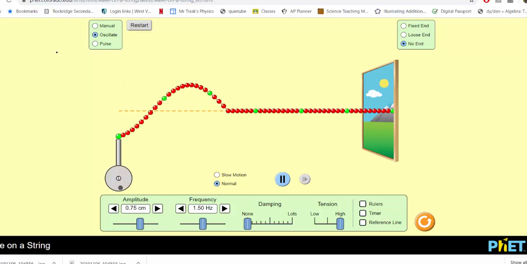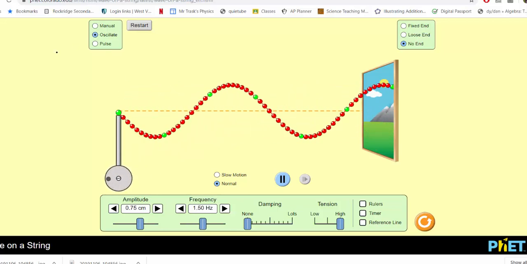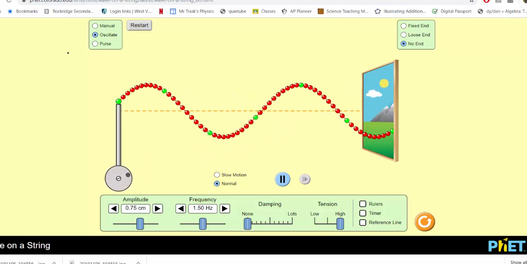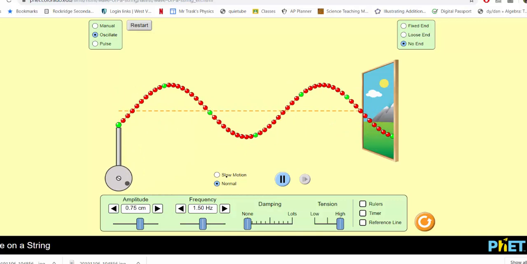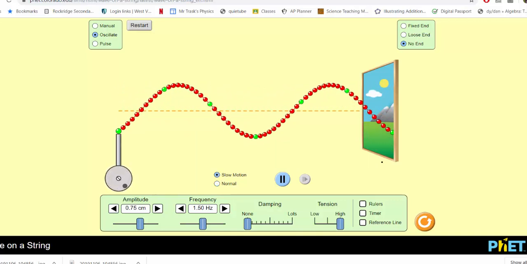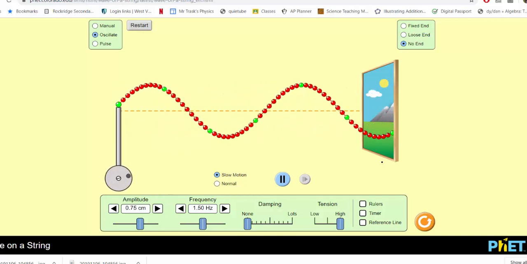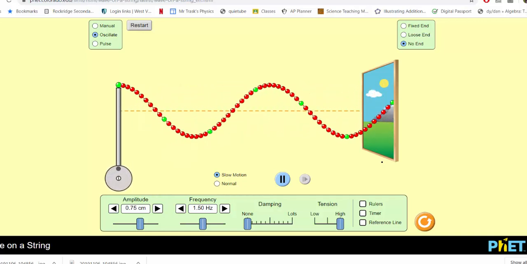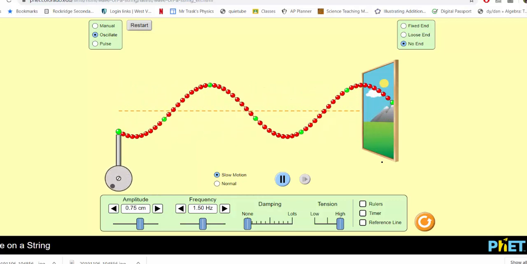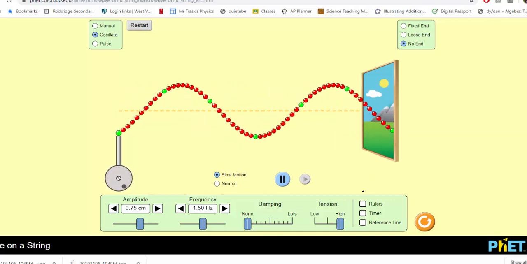If I continuously move the string back and forth, then I might get an oscillation, which is a regular repeating back and forth motion. I'm just going to hit slow motion here to see things move more slowly. You might recognize that this is in fact a transverse wave. You can see the individual particles are moving back and forth, whereas the wave itself is propagating to the right.